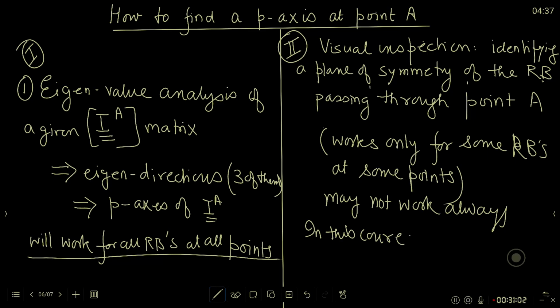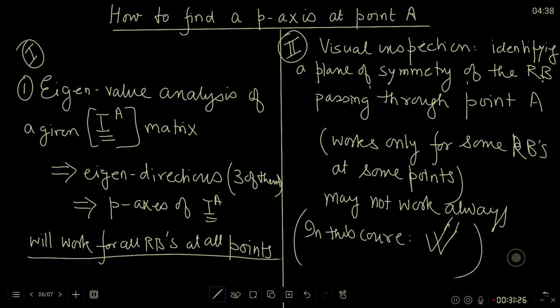In this course, only this one will be considered. I am not going to ask you to do any eigenvalue analysis in this course. We will rely only on visual inspection, which means that the bodies that we will consider will have some symmetry, and then only you can use the second one.